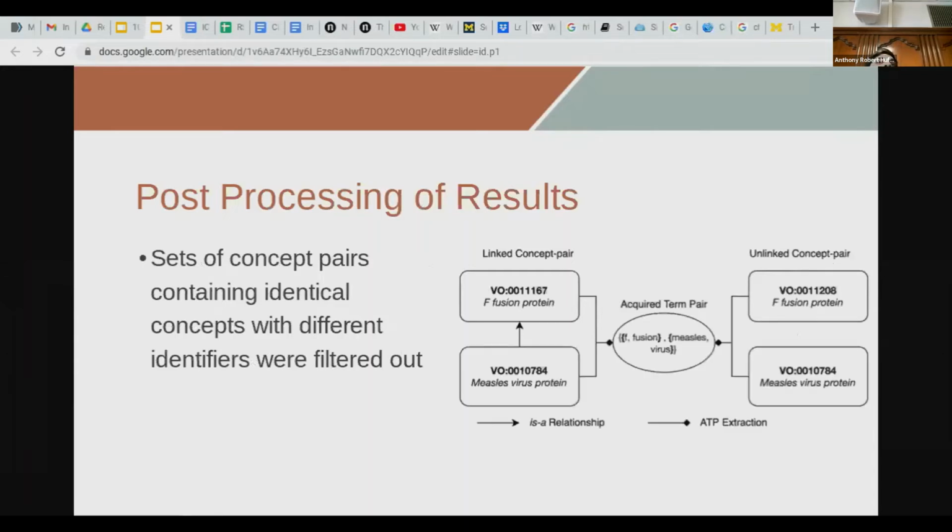We did have to do certain post-processing of our results. Like I mentioned earlier, there are some duplicate concepts in the vaccine ontology.